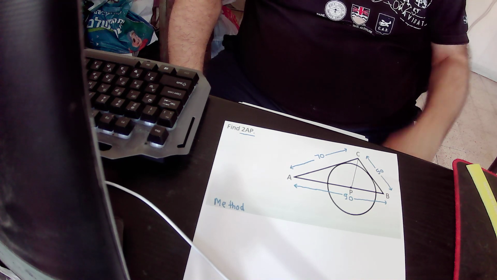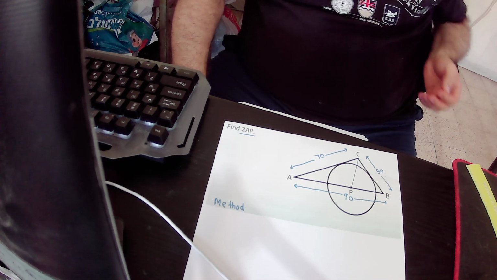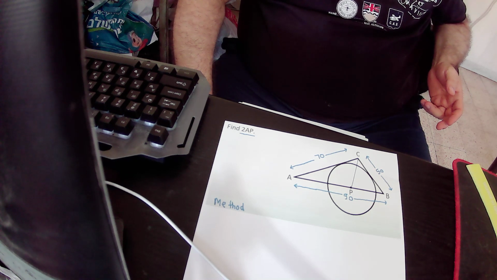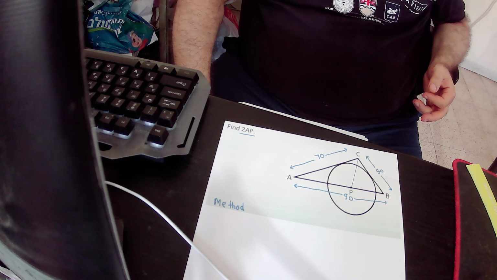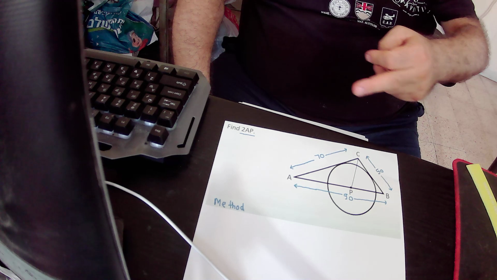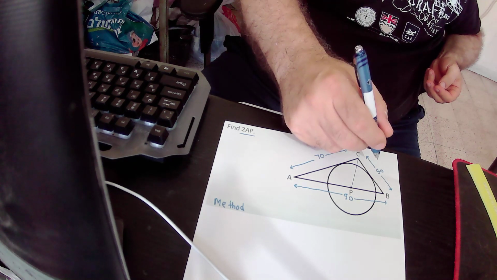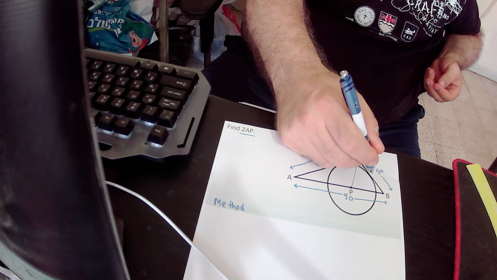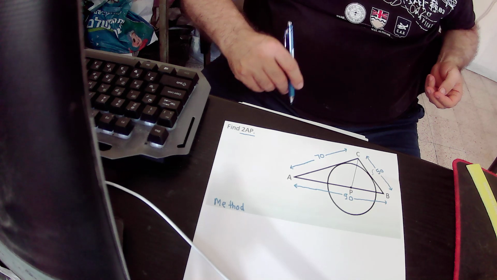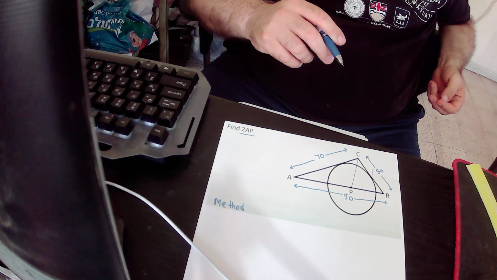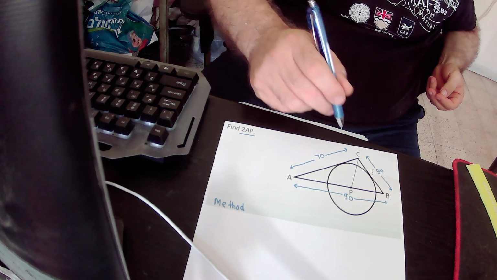We will also call the touching point between side BC of the triangle and the circle S, and the touching point between side AC of the triangle and the circle D.